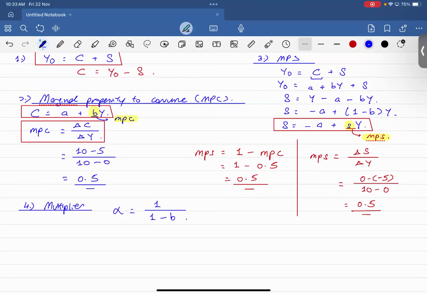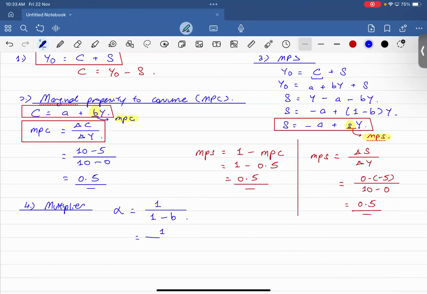Now we can calculate 1 divided by 1 minus b. b is MPC, 0.5. Then you calculate and you will get the answer, which is 2. So that's another formula you need to know.